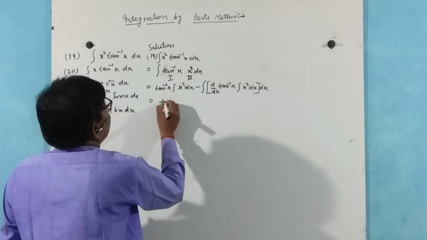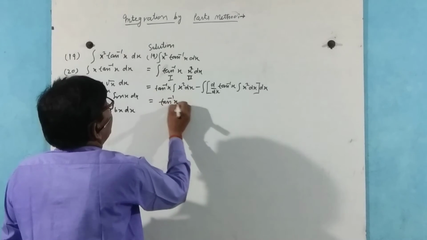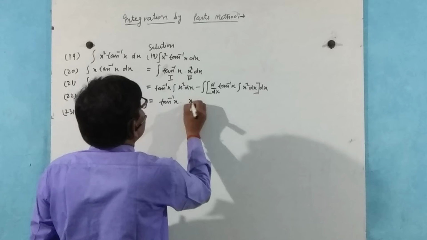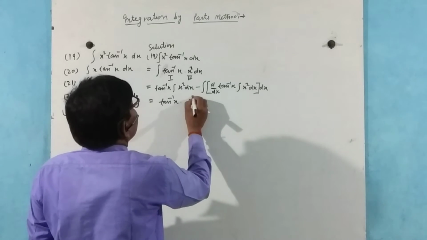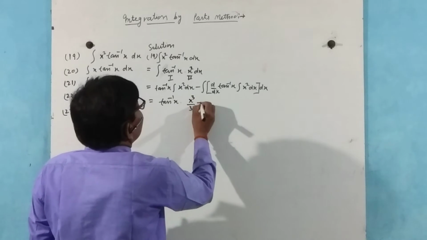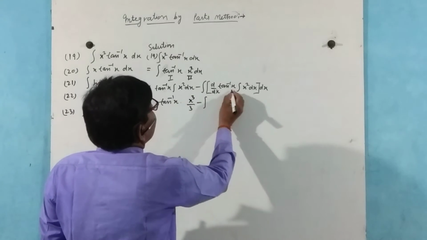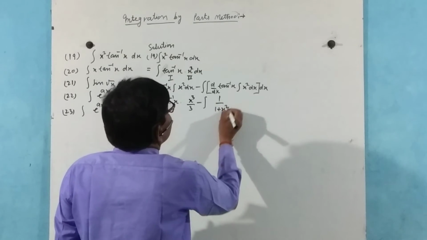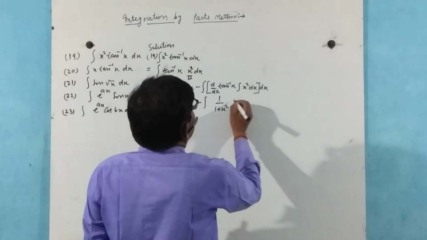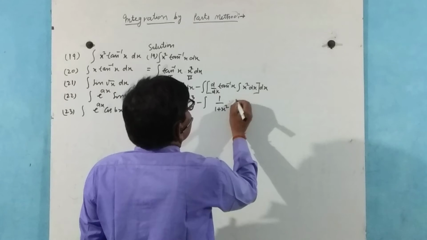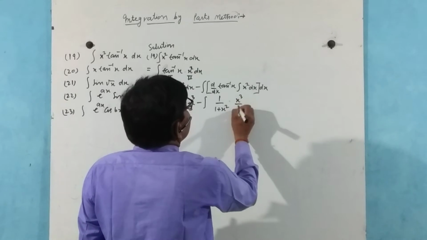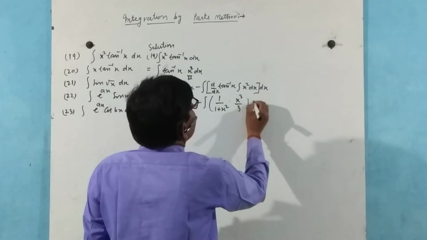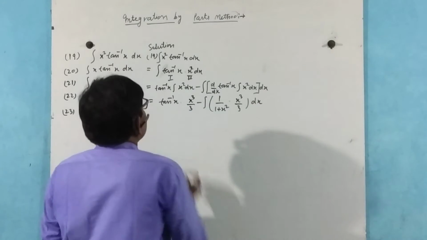Now tan inverse x times the integration of x square, which is x to the power n plus 1 by n plus 1, that is x cube by 3, minus the integration of 1 by 1 plus x square times x cube by 3, dx.